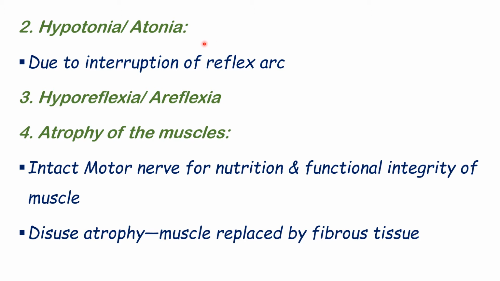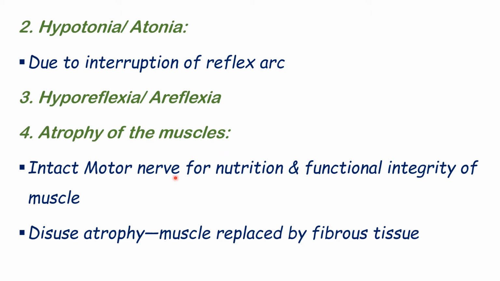This is again a feature of a lower motor neuron paralysis. Then hyporeflexia or areflexia, again depending upon the roots cut. Then another very important feature is atrophy of the muscles, that is, they decrease in size, and finally the muscles may be replaced by fibrous tissue.